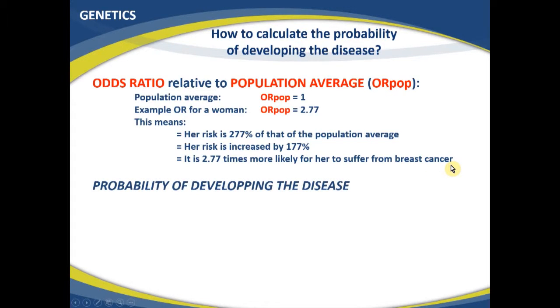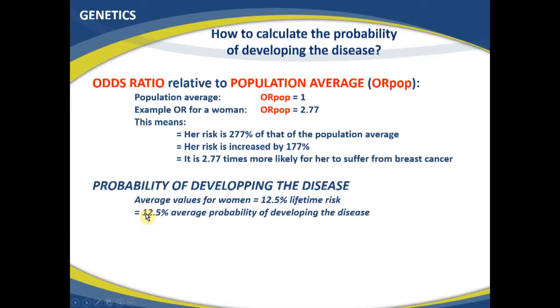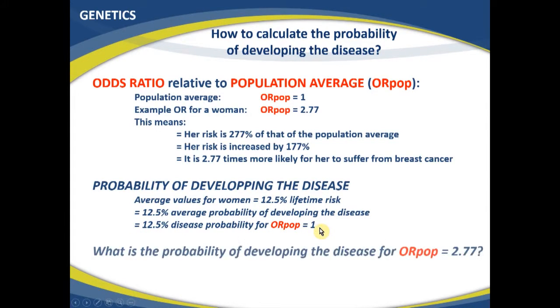Now, if you want to estimate the likelihood of her developing breast cancer, you look at the average value for women, 12.5%. That's an odds ratio of 1, 12.5% of probability for an odds ratio of 1.